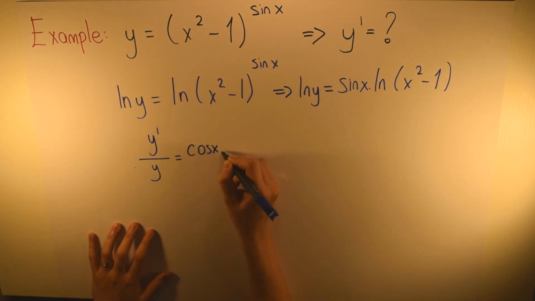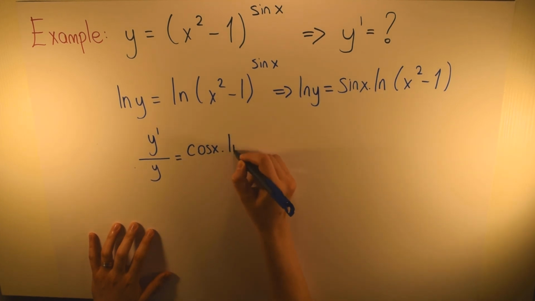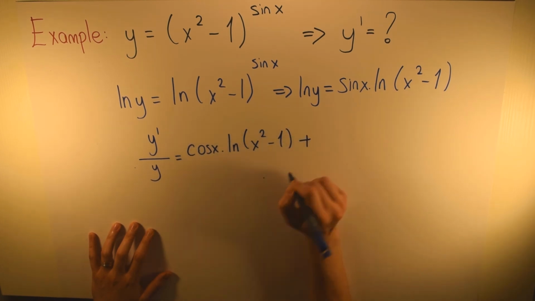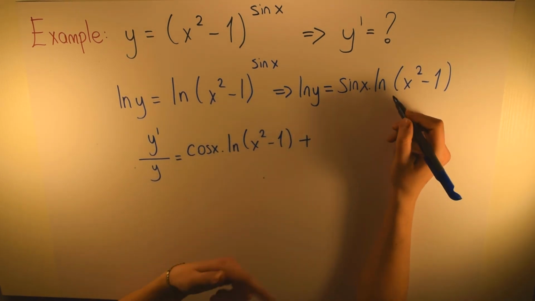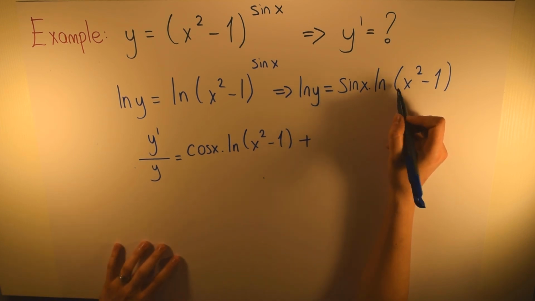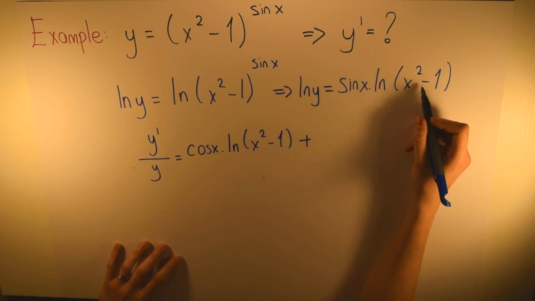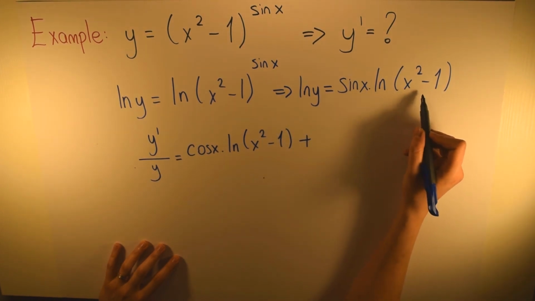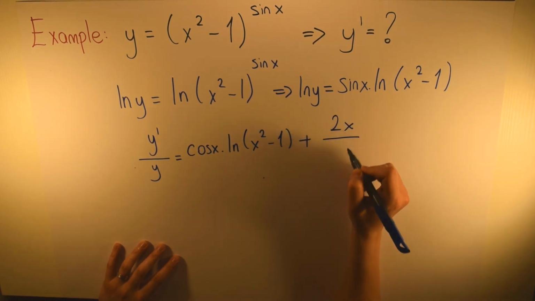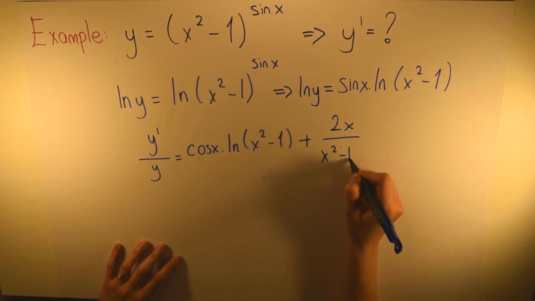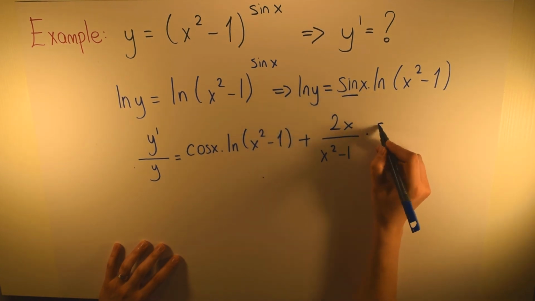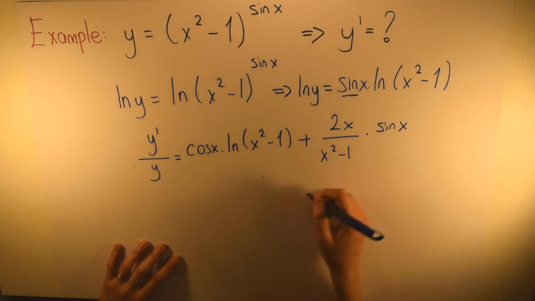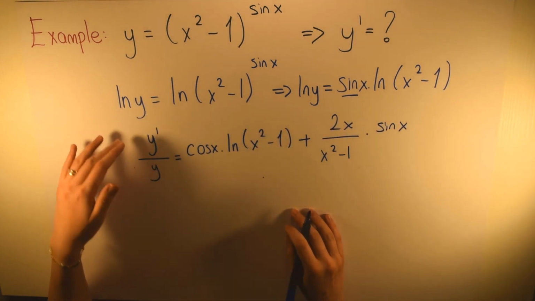It's cosine x times the second one, natural logarithm of x squared minus 1, plus the derivative of the second one. Here we have natural log of x squared minus 1, and its derivative is the derivative of the inside of the parenthesis, 2x over x squared minus 1, times the first one, sine x. This is how you should do this kind of question.